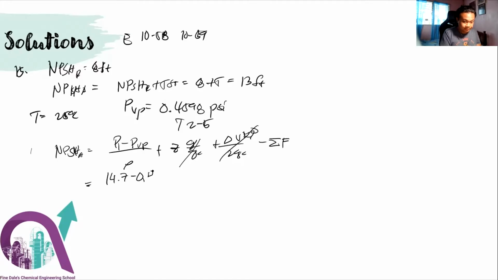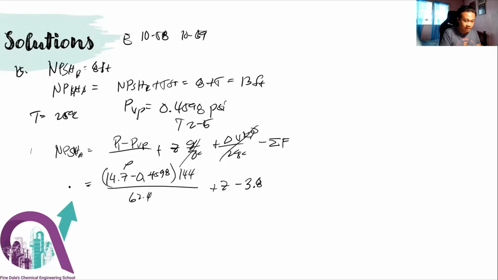So we have 0.4598 times 144, converting that to feet, then plus Z minus the F, which is 3.8.